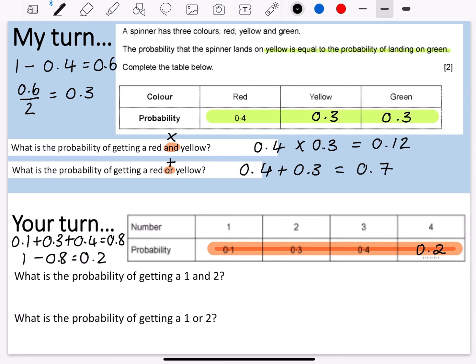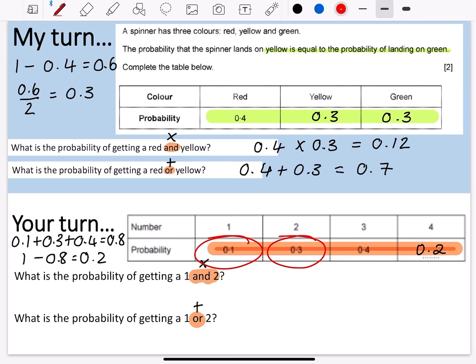Then I've been asked what the probability of getting a 1 and a 2 is, and what the probability of getting a 1 or a 2. So recalling what was said previously, for the and, we're going to multiply, for the or, we're going to add. So 1 and 2, I look at my table now, and I go, right, I'm going to need this probability and this one here.